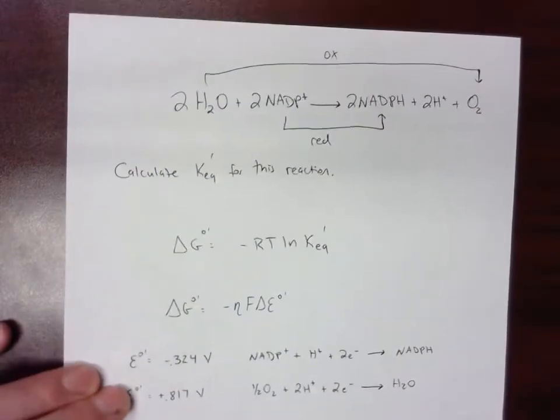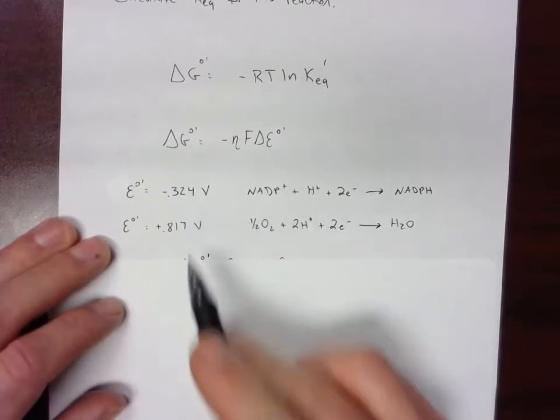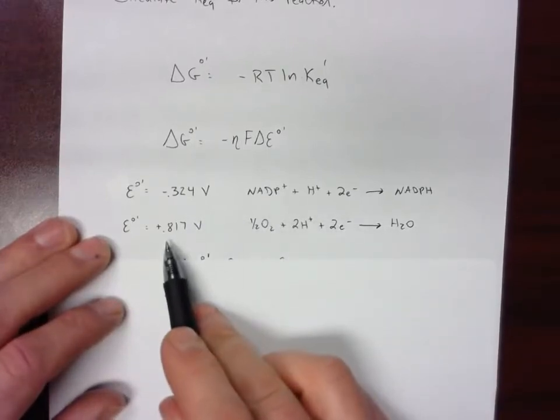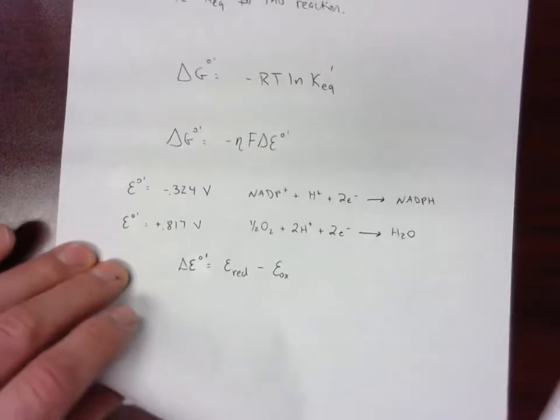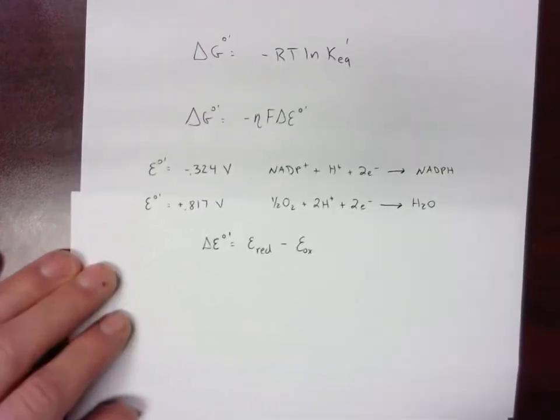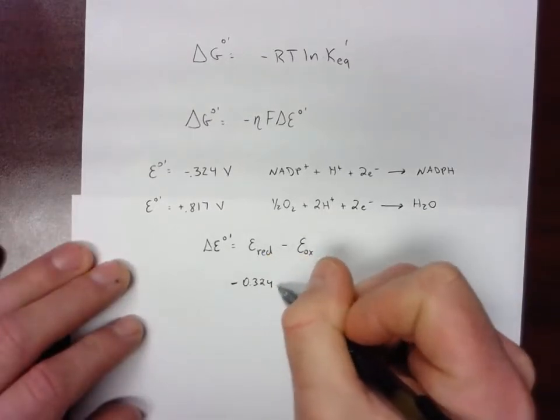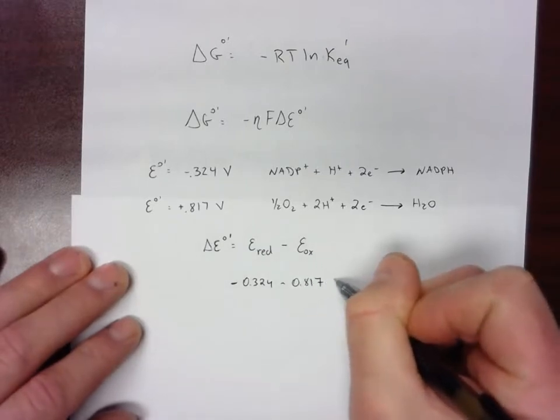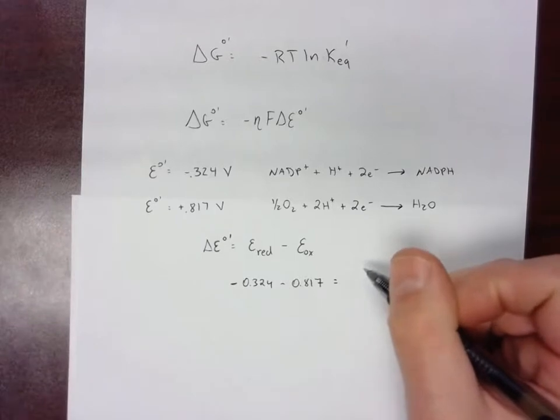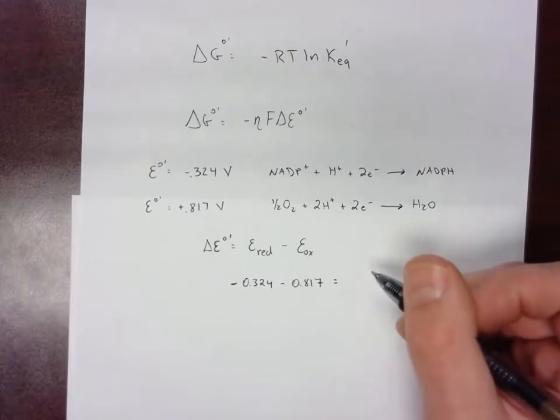So I'm going to take the value from NADP and put it in the front and put the value for oxygen to water behind it and subtract. So I'm going to get negative 0.324 minus 0.817.